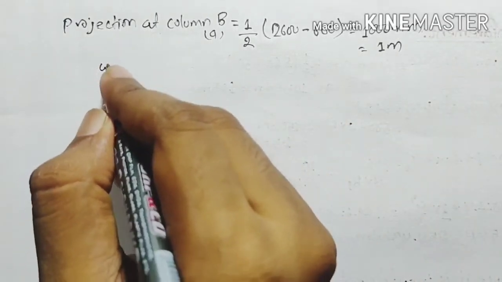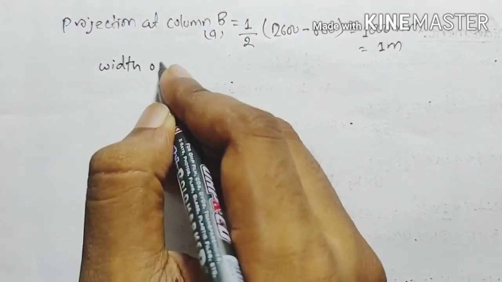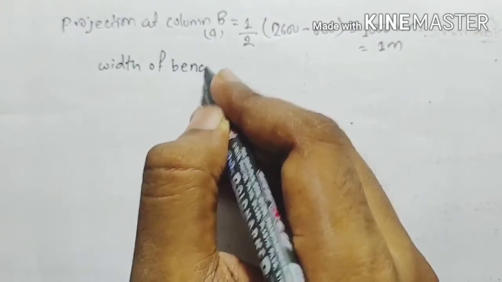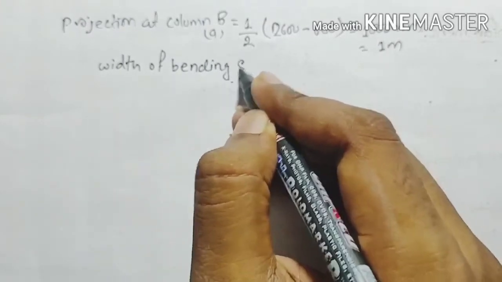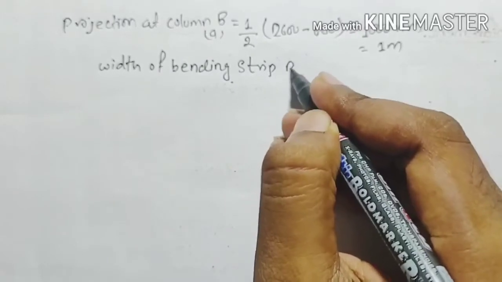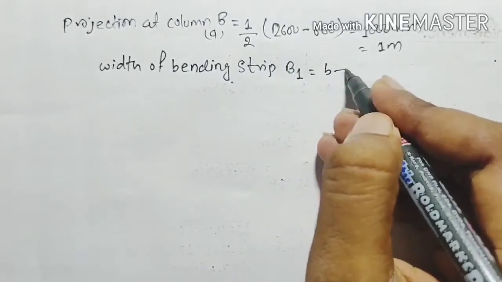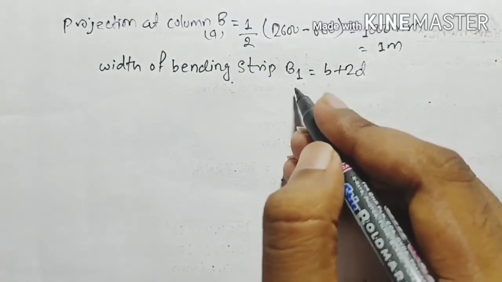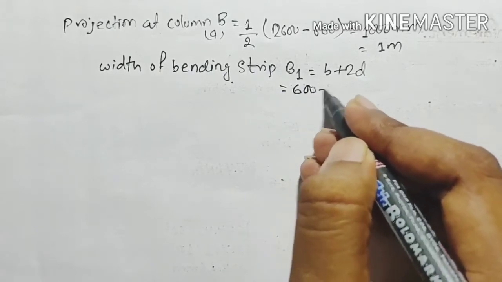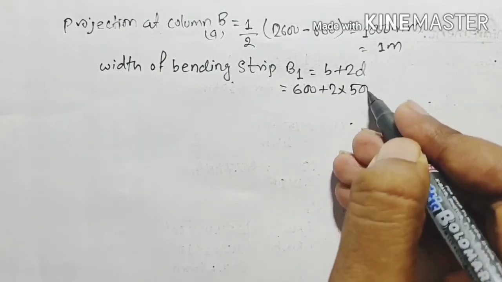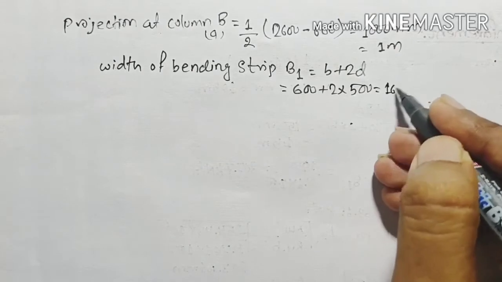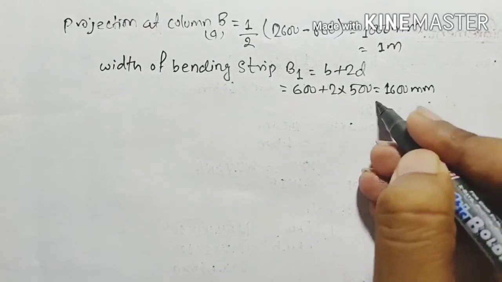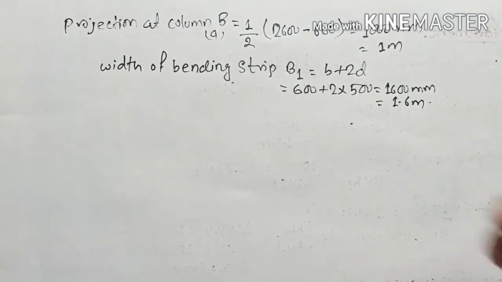Similarly, the width of the bending strip B1 equals B plus 2D, so 600 plus 2 times 500, which equals 1600 millimeter or 1.6 meter.